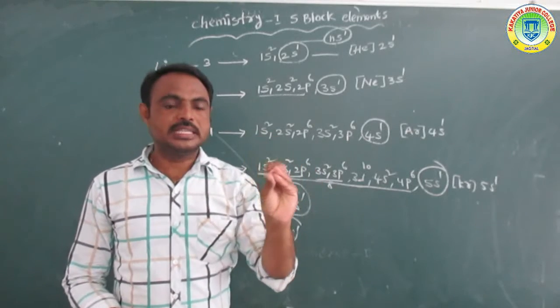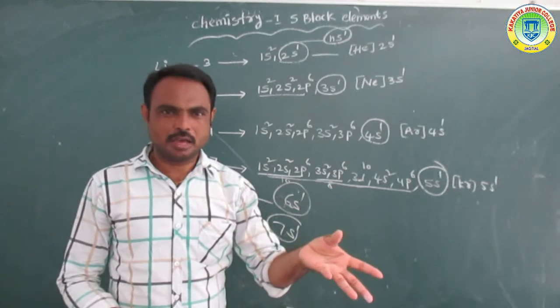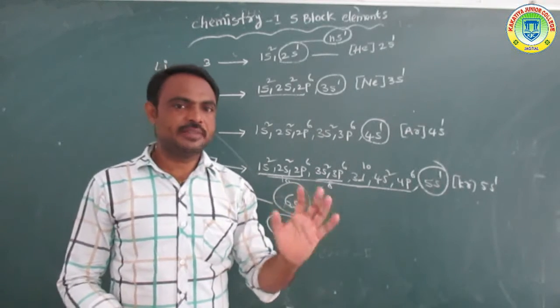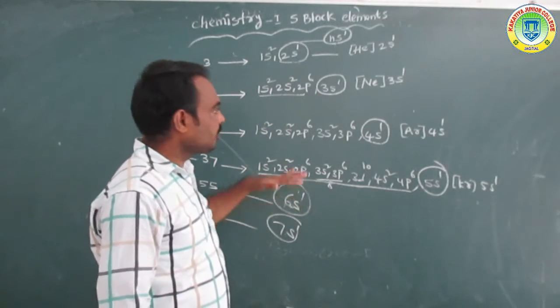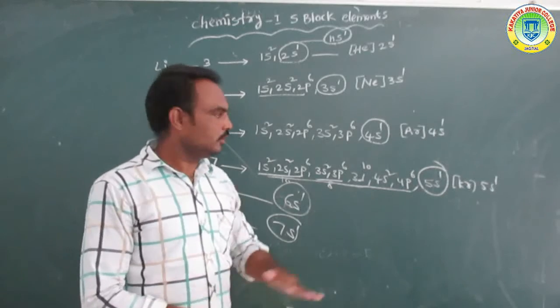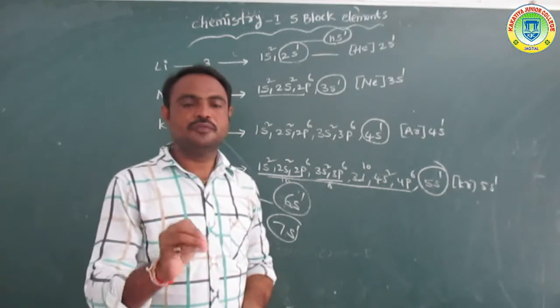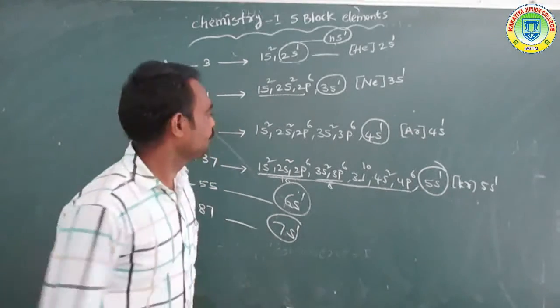Here only the n value changes. What is the n value? It refers to the different shells or orbits, the periods. How many periods? 7. So overall we write 2s1, 3s1, 4s1, 5s1, 6s1, just like ns1.